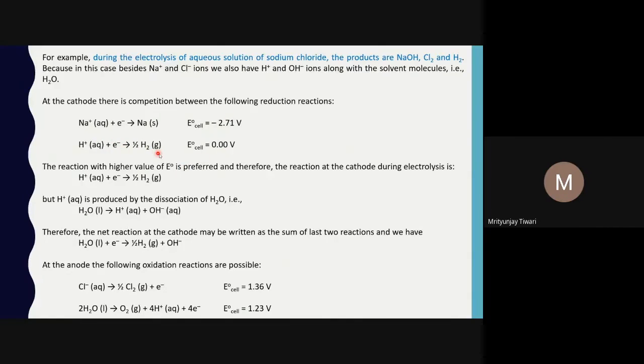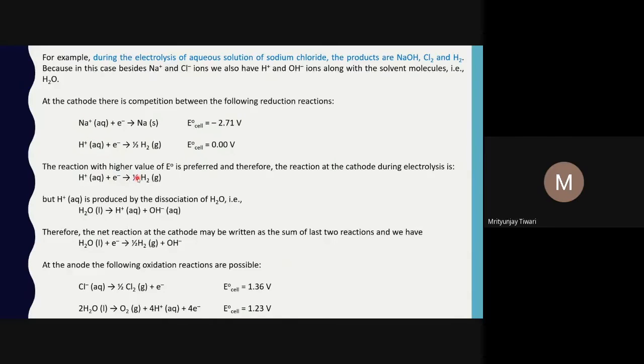What we know is that, when talking about reduction potential, something having a higher value will be reduced first. This negative value means it has a greater tendency to be oxidized or not get reduced. So something which can easily get reduced will be reduced, and so hydrogen ion has a stronger tendency to get reduced than Na+ ion.